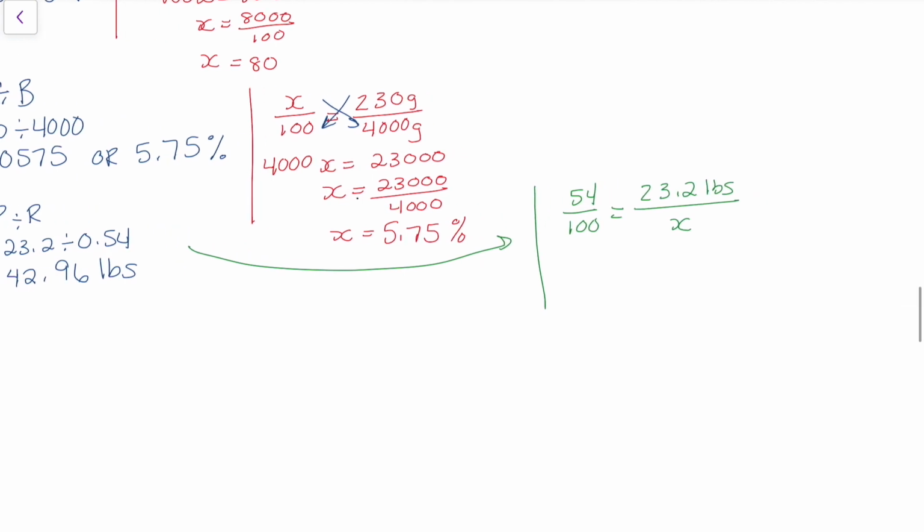So what is 100? Then I'm going to cross multiply. And then divide by 54 to get the x by itself. And I get 42.96 pounds.